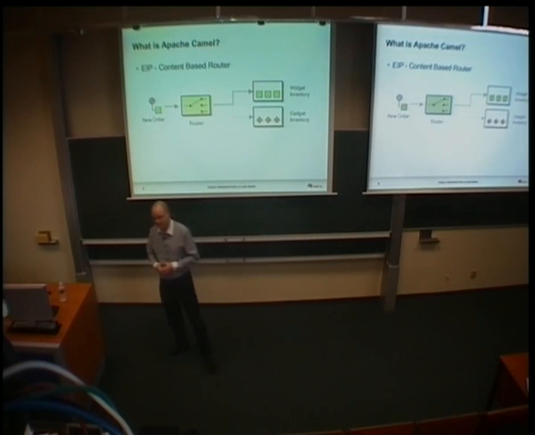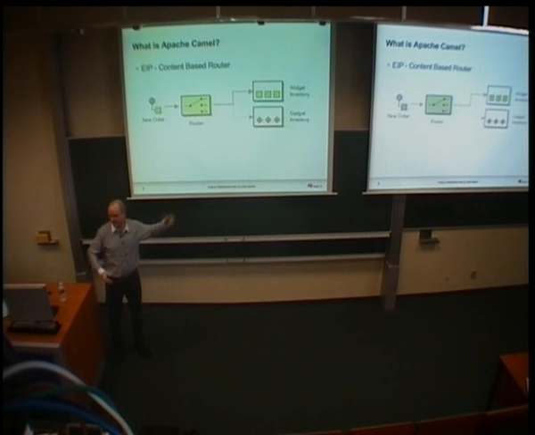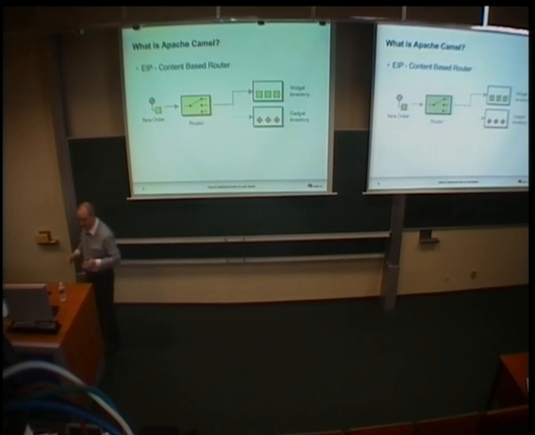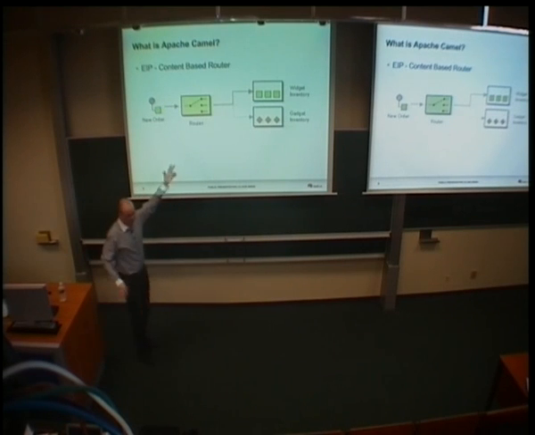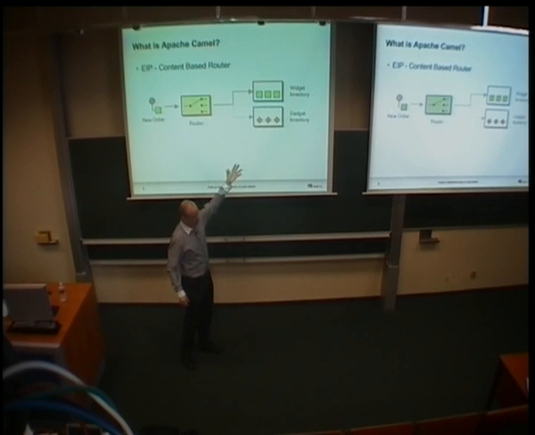So let's take a moment to see how we can go from architectural design, like being architects drawing at a whiteboard. Here we have a simple example where we have some orders coming in from a queue, and then we need to route these orders depending on the type of the order. Either it should go to a widget queue or a gadget queue.